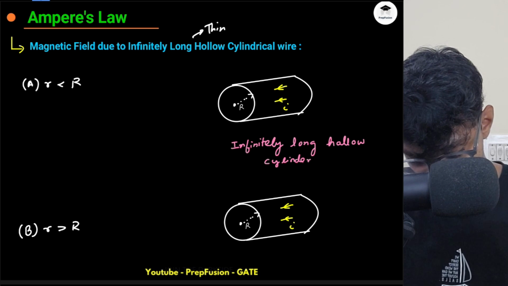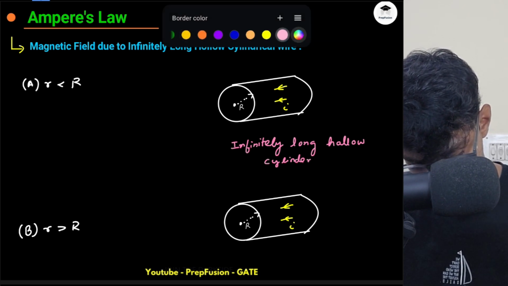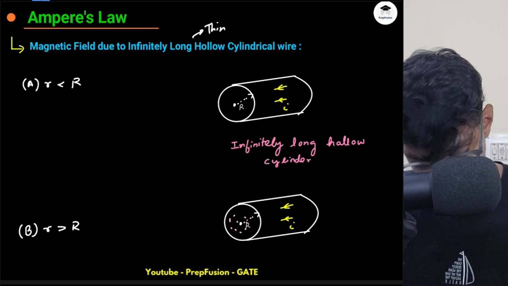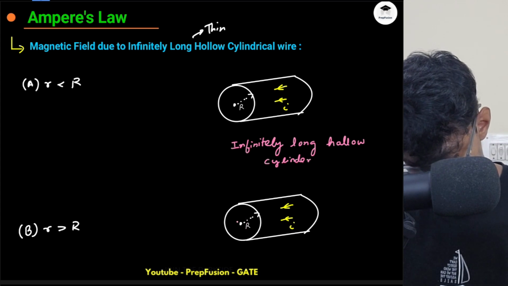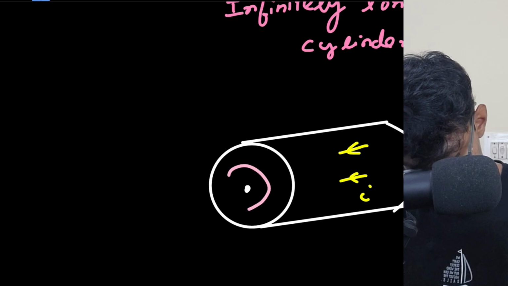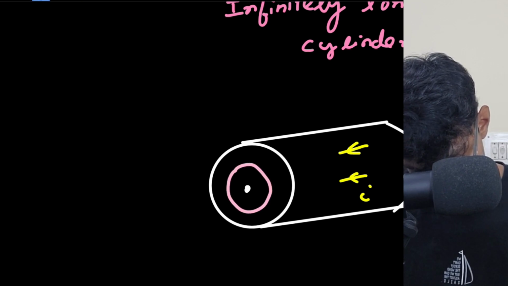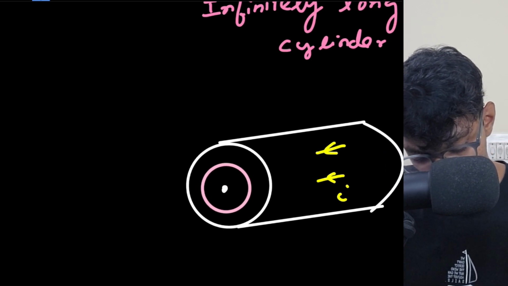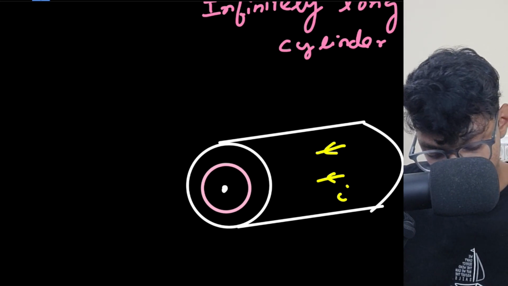So if I take a circular Amperian loop here, the orientation I don't know yet about the magnetic field, I can take anything.